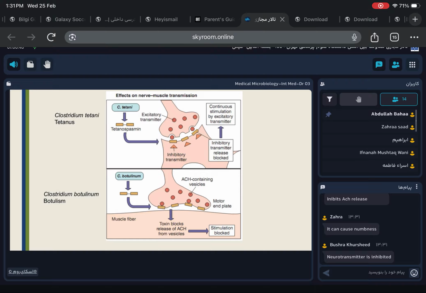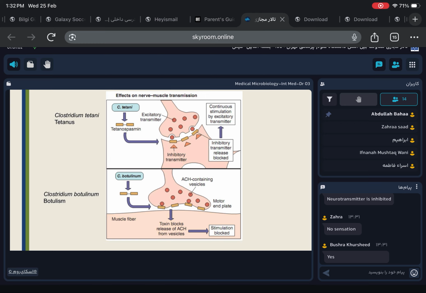Can cause paralysis. Good. It can cause paralysis, flaccid paralysis, I would say. So Clostridium botulinum can cause botulism.